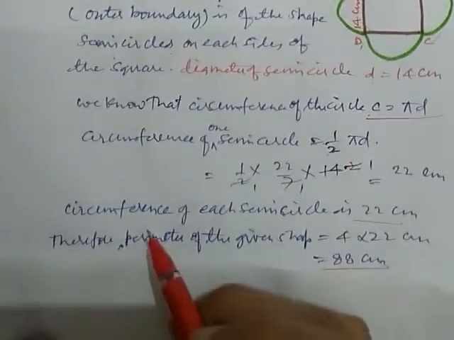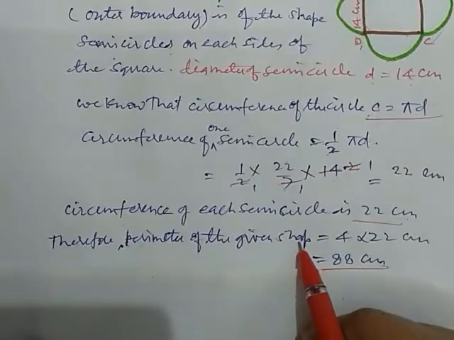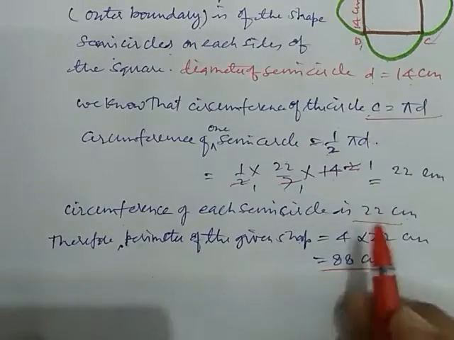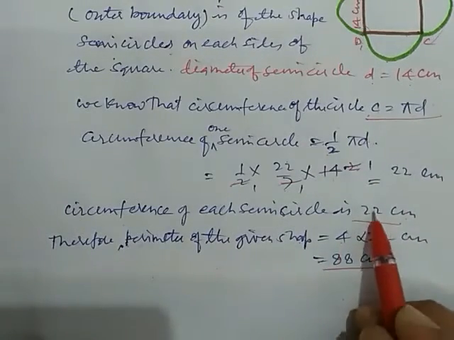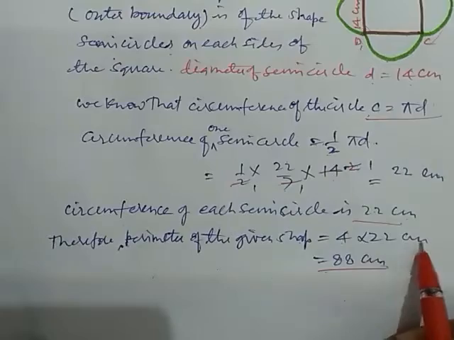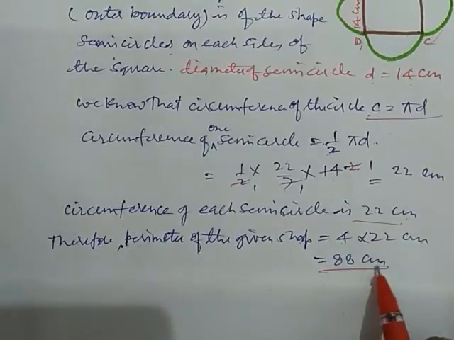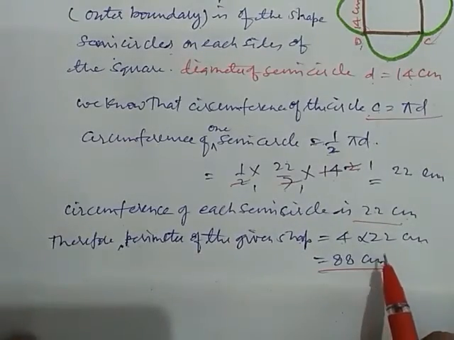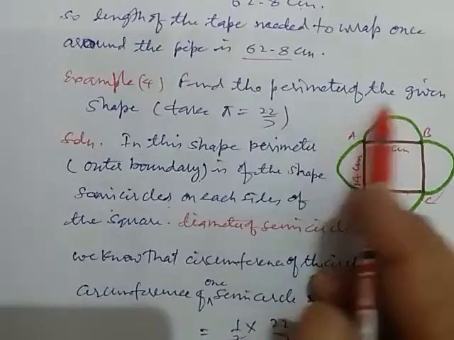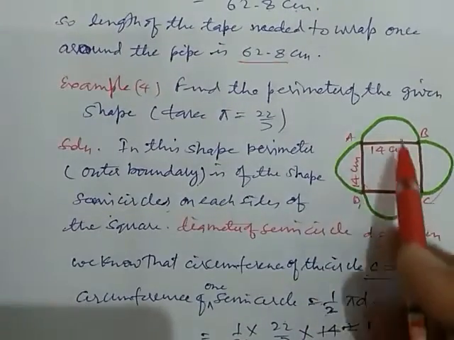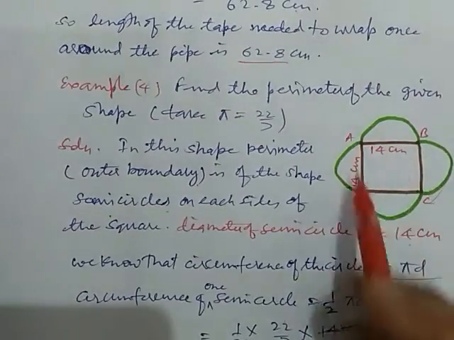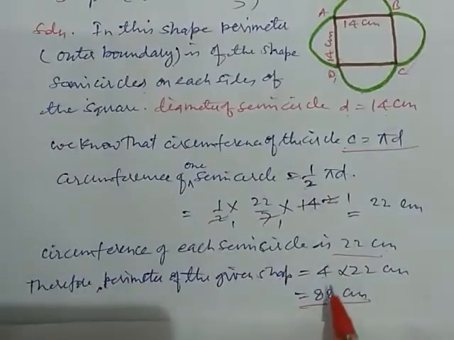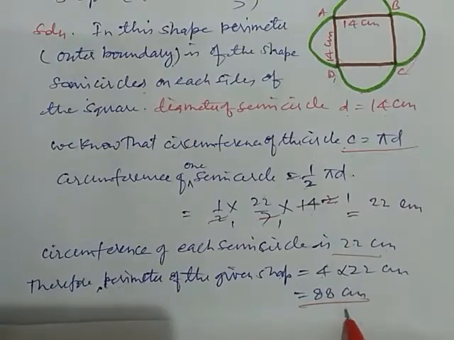So the perimeter of the given shape, which has 4 semicircles, is 4 into 22 centimeter, which gives 88 centimeter.